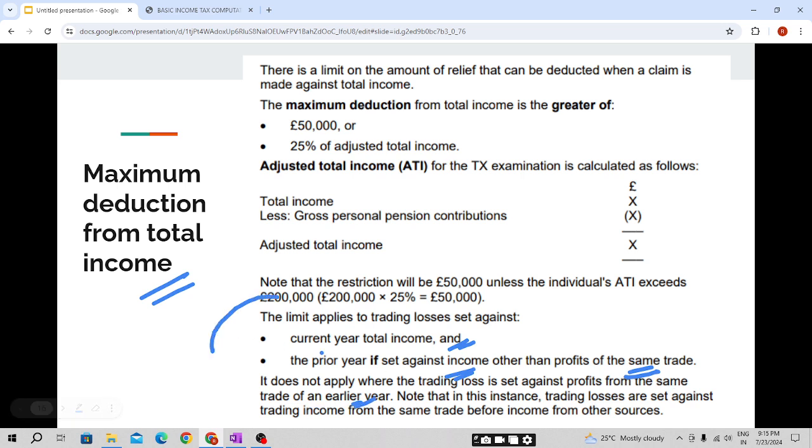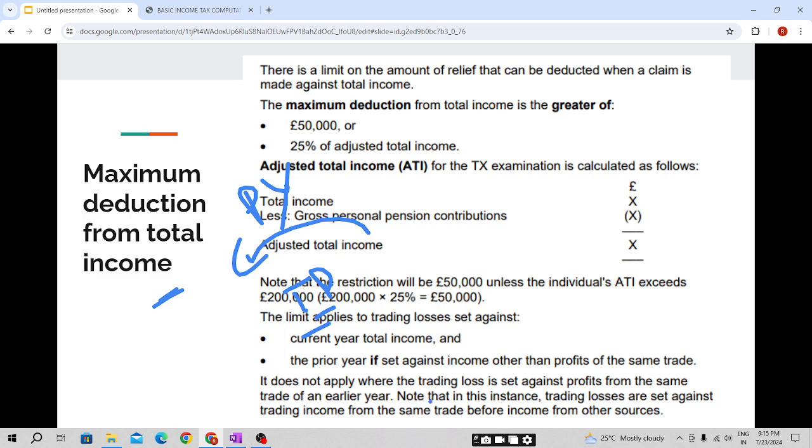That is earlier year. Do not confuse with the carry forward year, students. This is previous year, the total income. So previous year, this restriction will not apply to the trading profits. Note that in this instance, trading loss are set against trading income from the same trade before income from other source. I hope this is clear.